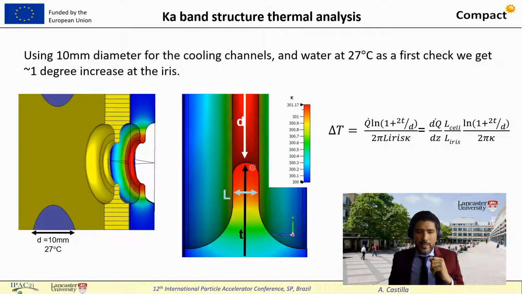This is mainly due to the fact that at these big apertures the iris length is actually quite short, so the path for the heat transfer into the bulk material is quite short.